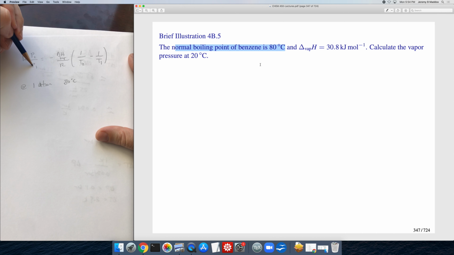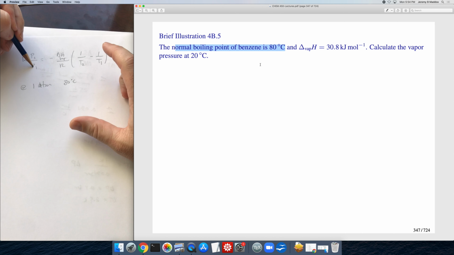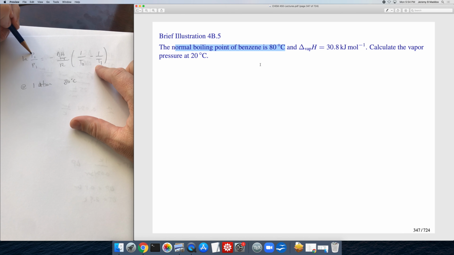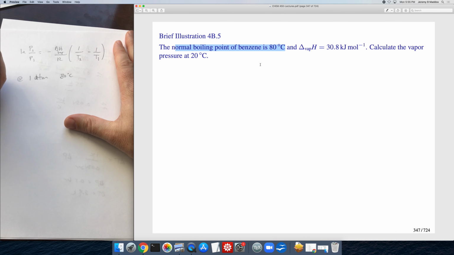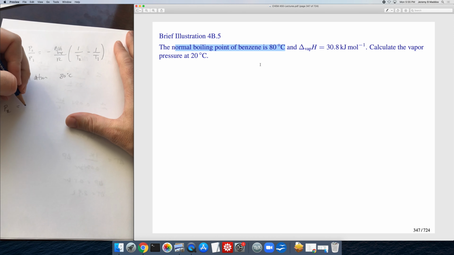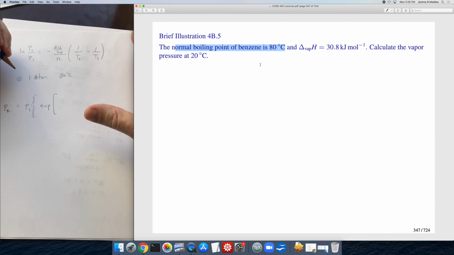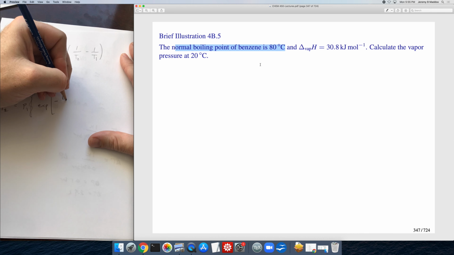So if P1 is 1 atmosphere and T1 is 80 degrees Celsius, they want you to calculate P2 when T2 equals 20 degrees Celsius. So we need to rearrange this equation. We'll solve for P2 equals P1, and I should have put EXP times all of this.